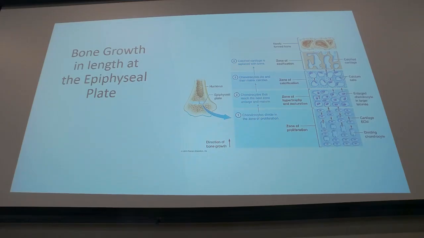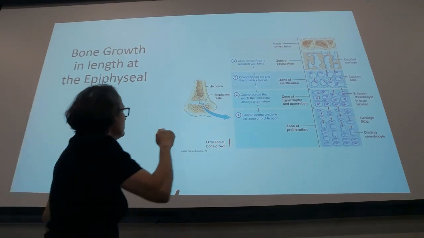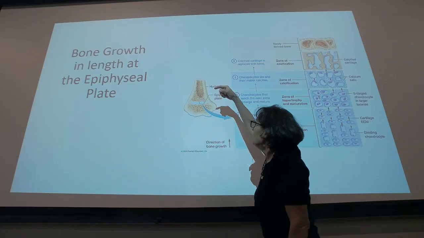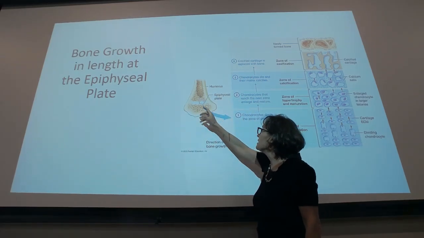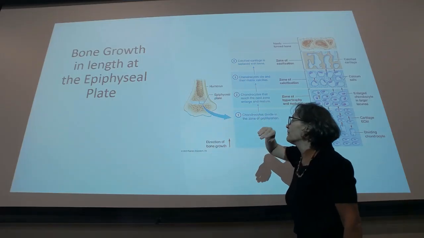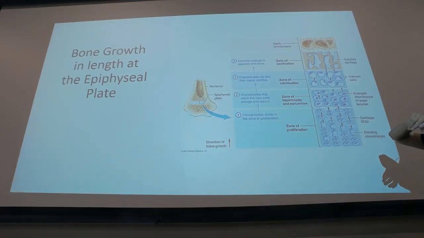So, bone growth in length happens at the epiphyseal plate. In the epiphyseal plate, we have 4 zones, going from the zone closer to the epiphysis to the zone closer to the diaphysis.